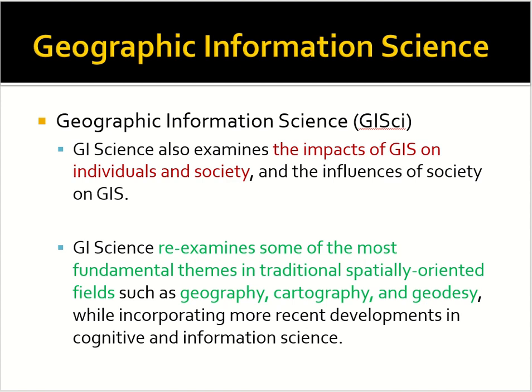But then other aspects of GIScience are really just re-examinations or reimagining of things that have been done for hundreds of years. Things like cartography, map making, or geodesy, which is kind of the field that attempts to model, but also to make accurate measurements of what the Earth really looks like.